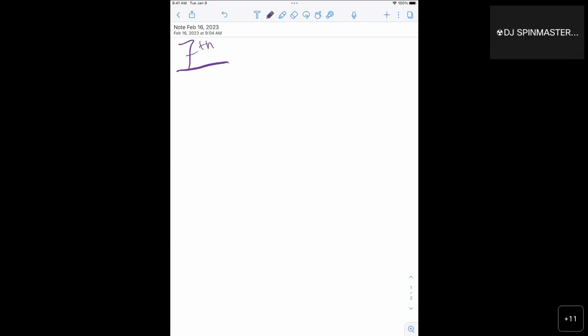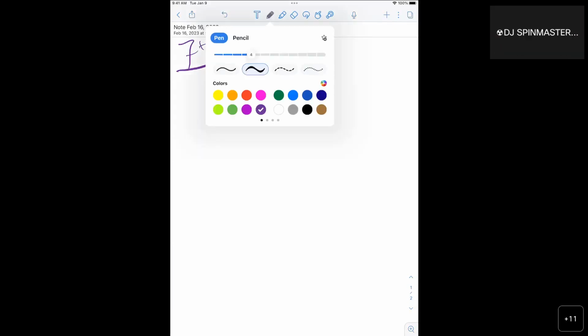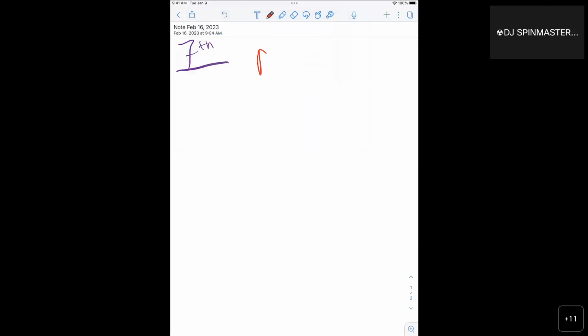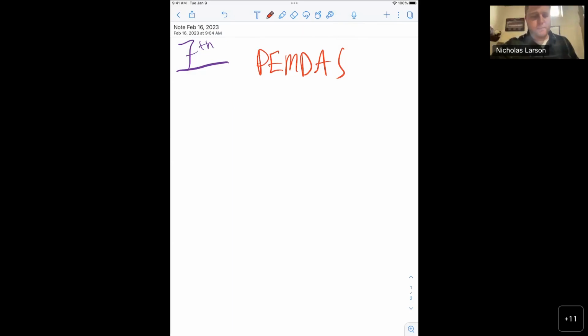Parentheses, I don't remember what the E is. Exponent, yep. Exponent, multiplication, division, addition, and subtraction. So that's the order that we have to solve stuff.